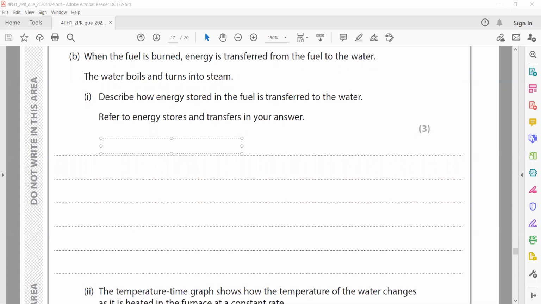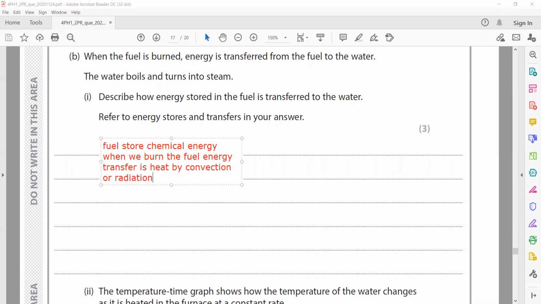So fuel stores chemical energy, and then when we burn the fuel, energy is transferred as heat by convection or radiation, and that is stored as internal energy or heat energy in the water.